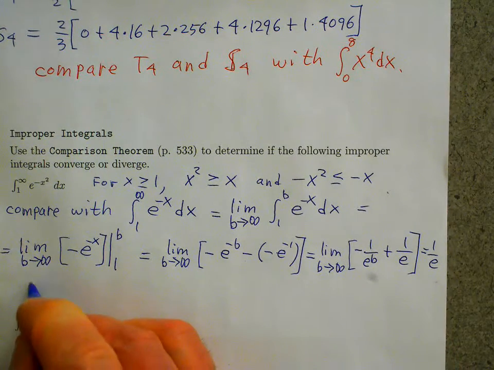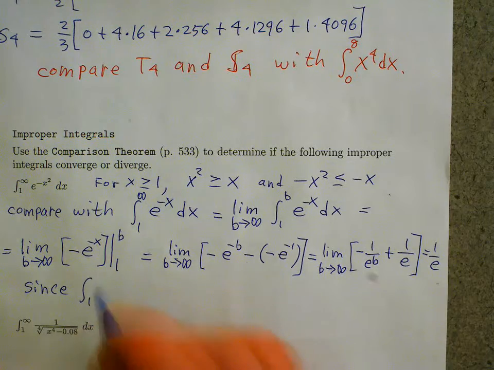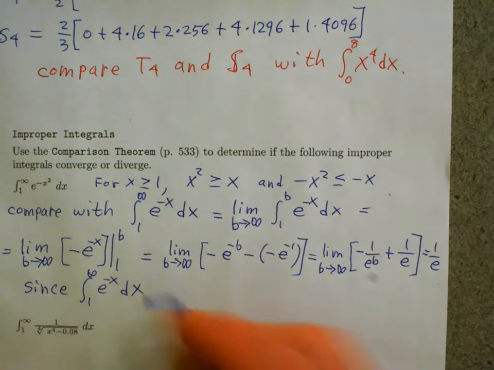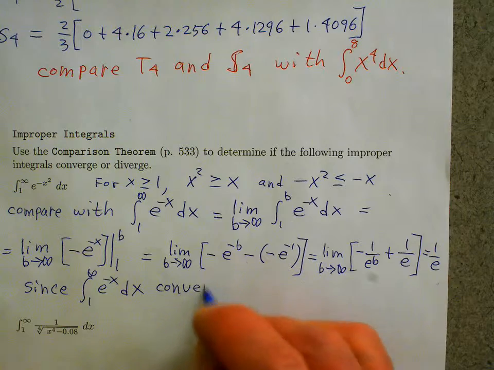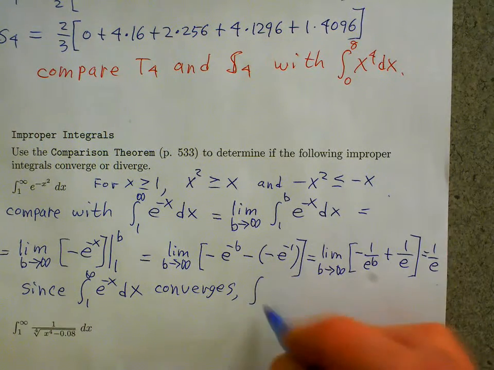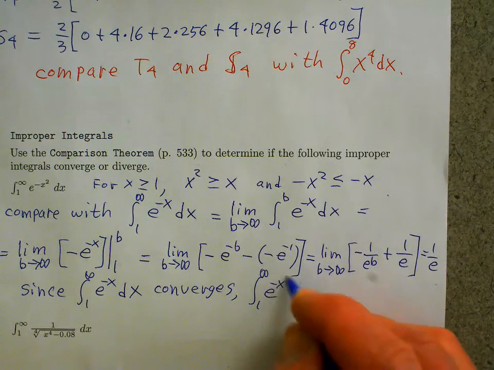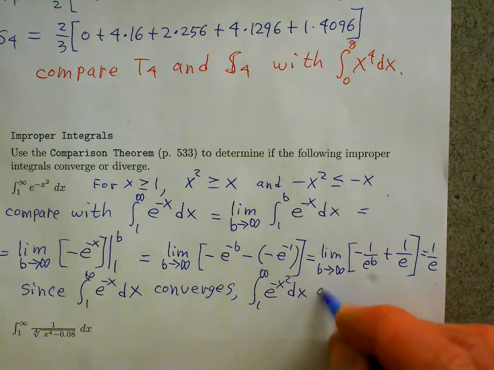Okay, so since the improper integral of e to the negative x converges, the other improper integral, e to the negative x squared dx, also converges.